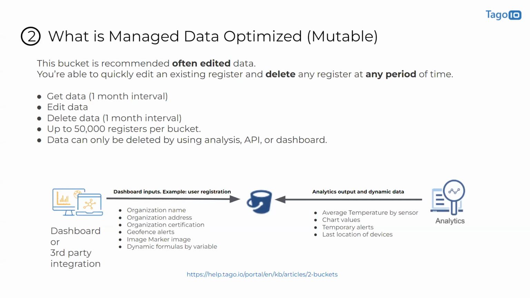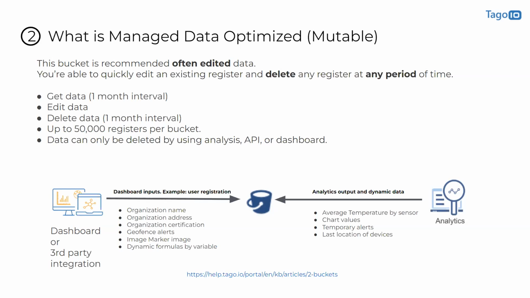Then we have the mutable device, that is the managed data optimized. So mutable does have some limitations, but different from the immutable, where you cannot delete or edit the data that you have stored, the managed data optimized allows you to do that. But it can only hold up to 50,000 registers per bucket.